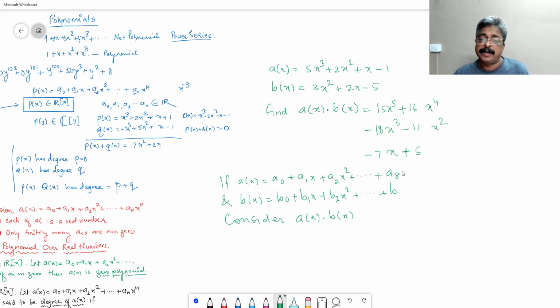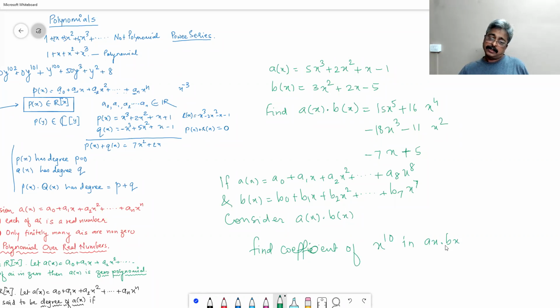a8 into x raised to 8, b7 into x raised to 7. Okay, product. Now I want to find the coefficient of x raised to 10 in a(x) into b(x).